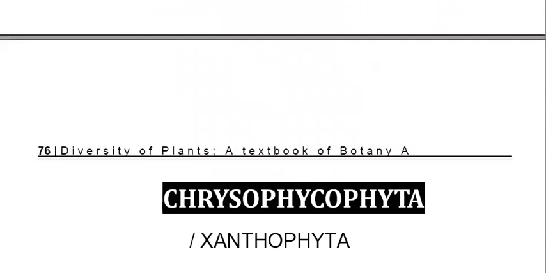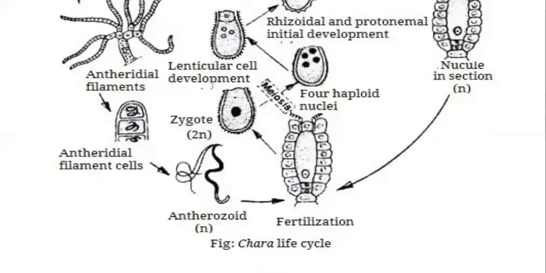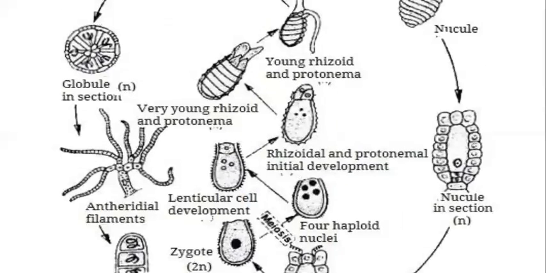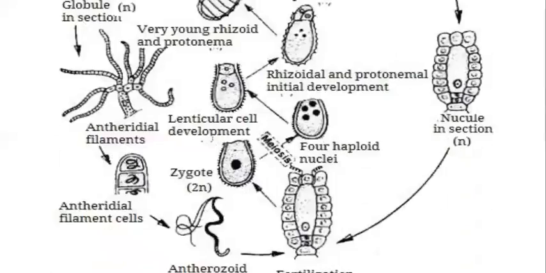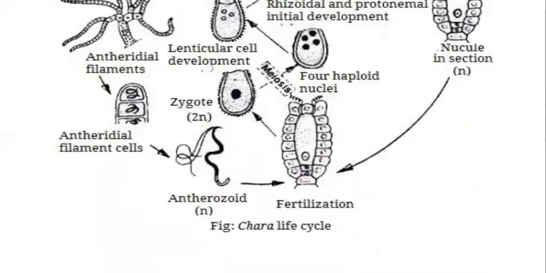The antheridial as well as the archegonial structures further develop into a new vegetative plant body, and then such a plant body further produces globule or nucule. In this way, the reproduction of Chara takes place throughout its life cycle, where it grows in stagnant water, in fresh water, as well as in some other habitats.